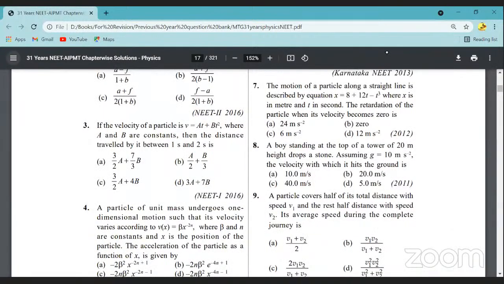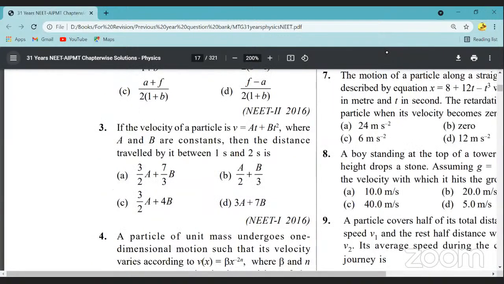So the question is about, given v, to find the distance between time 1 and 2. So I will use the formula: v is given, so we put v = 80 plus vt square equal to dx by dt, and then dx can be written as (80 plus vt square) dt.